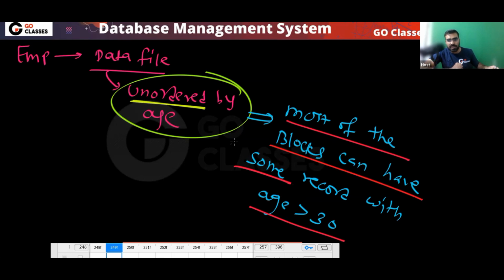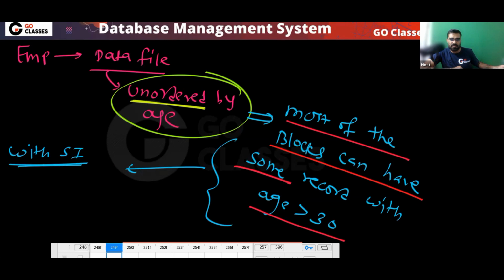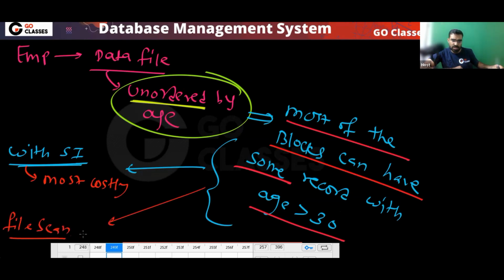Now in this situation, you can again notice that with SI, with this secondary index, it is more costly. Agree or not? In this situation the file scan can give you better performance, but with the secondary index it will give you bad performance. Tell me, did you understand?